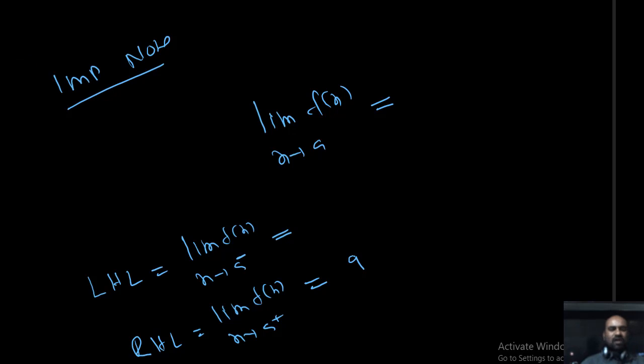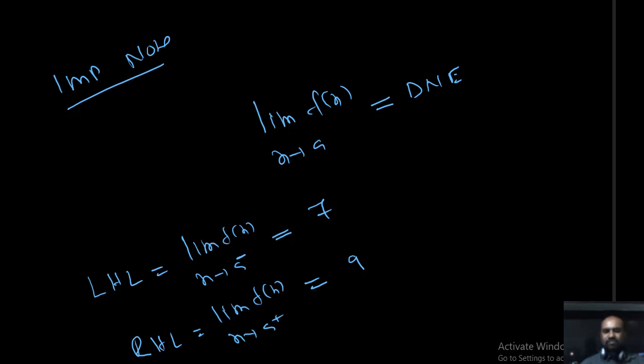For example, I got this as 7: f of x approaching 7 when x is approaching a minus, and f of x approaching 9 if x is approaching a plus. Then what can I say? The limit of the function does not exist. Through one example I will explain this. Students, listen now.